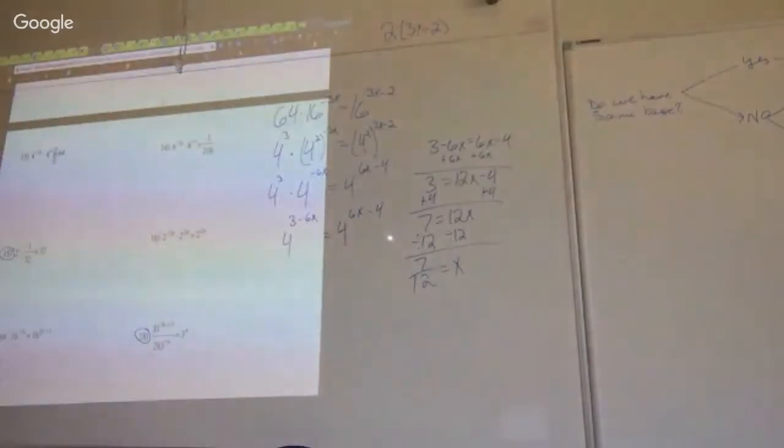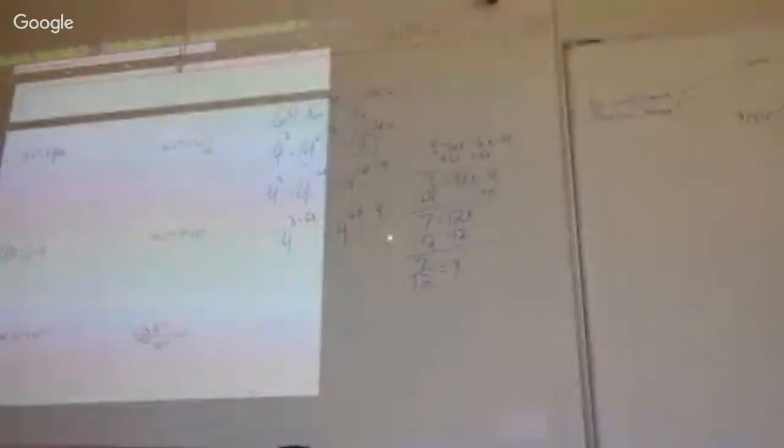What I did was, instead of simplifying by 4, I simplified by 8. We skipped a different step, the 4 to the 3 times 4 to the 6x. So we got 16. We can change that to a power of 4, but we're not adding those.